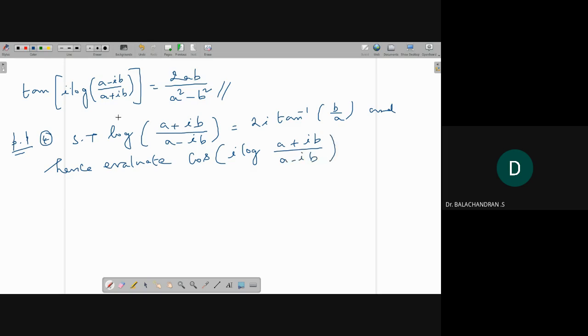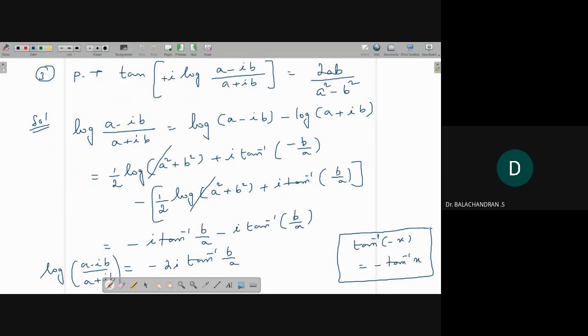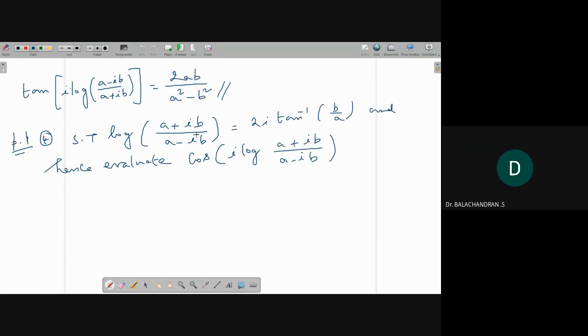So in the previous problem it was tan of i log of A minus iB divided by A plus iB. Okay, here cos i log, here the numerator will have plus, denominator will have minus.